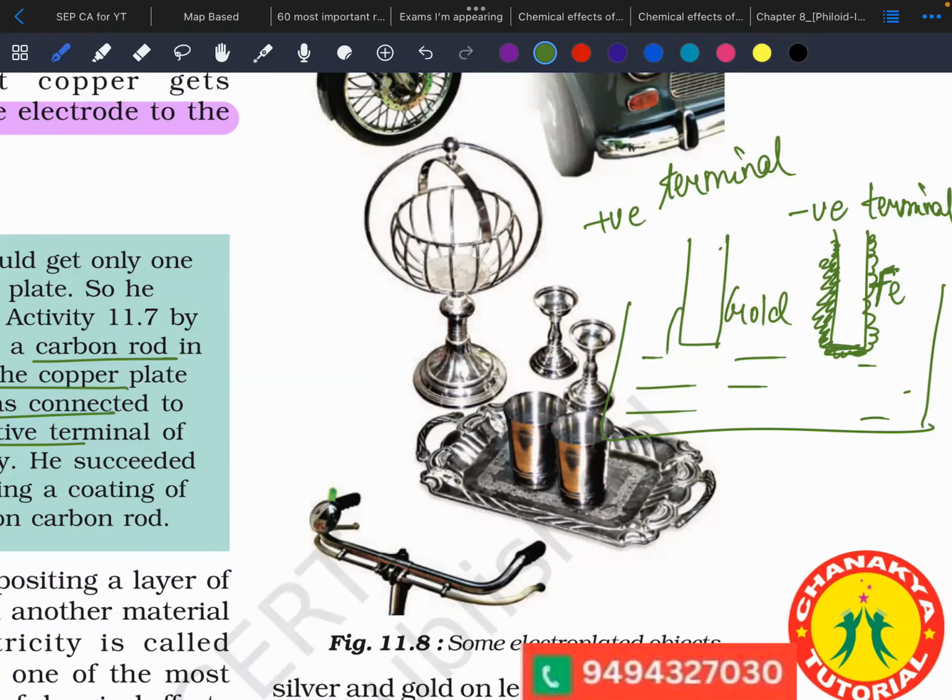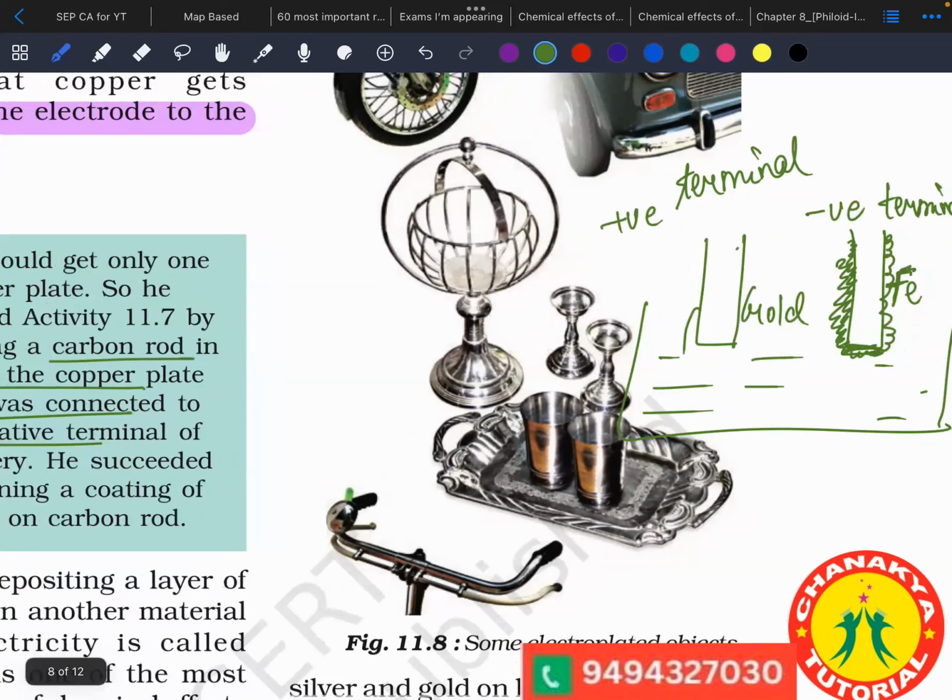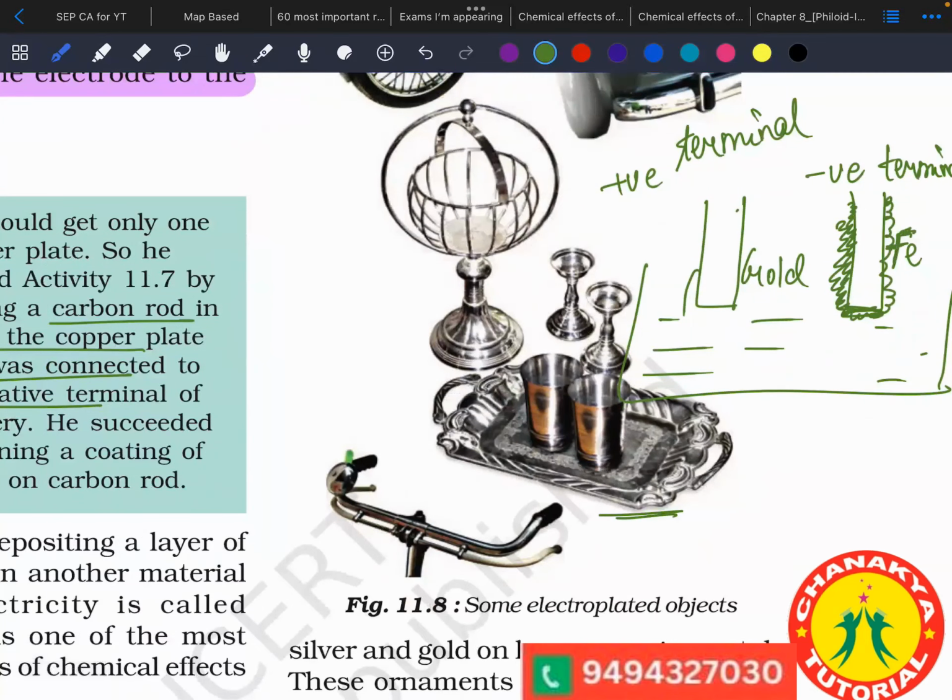Fine. And there are some utensils you use in your homes which are silver plated. Okay, there are silver utensils. Can you tell me, or do you know, what kind of material is there on the utensils we are using in our homes?